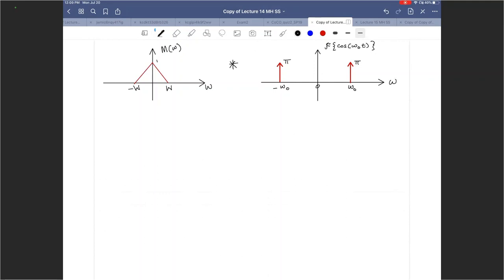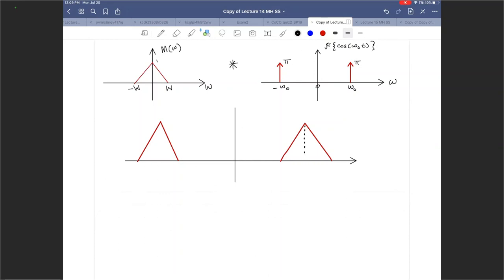So when we convolve this with those two impulses, what we end up with is two triangles that will now be centered at omega naught and minus omega naught.